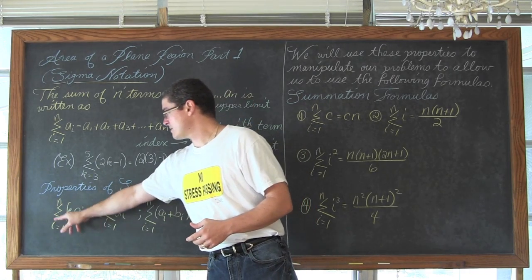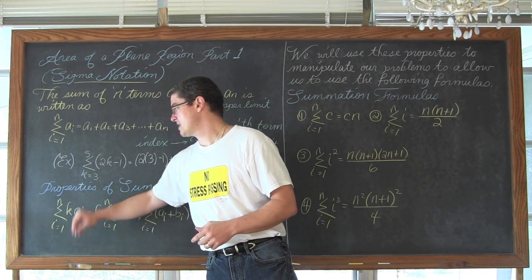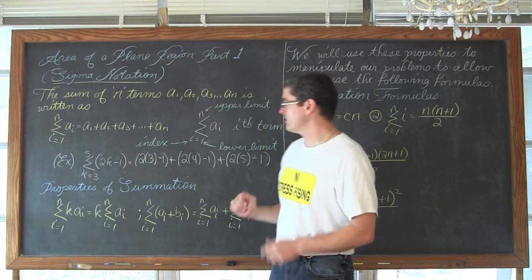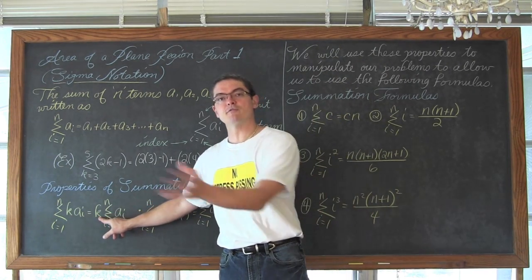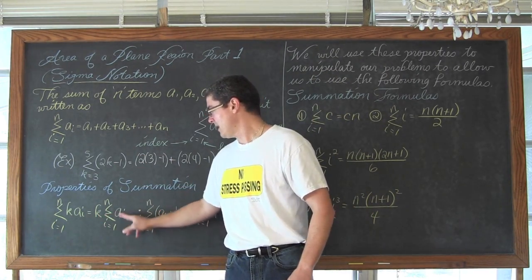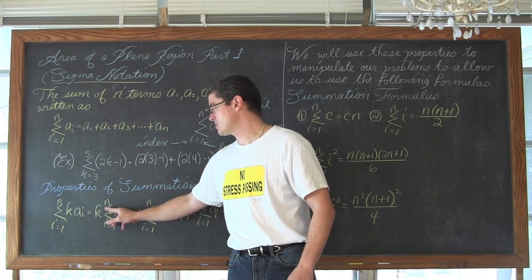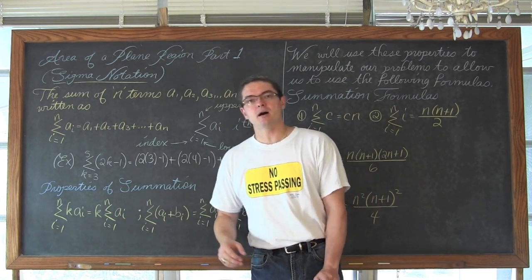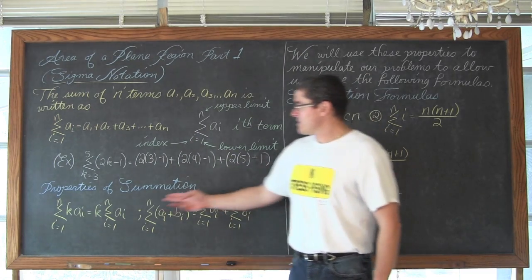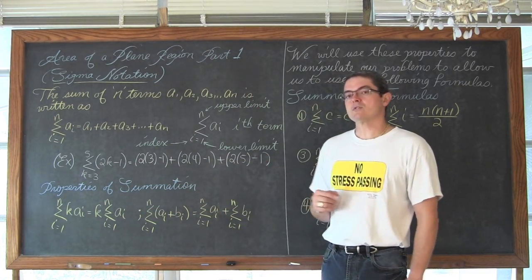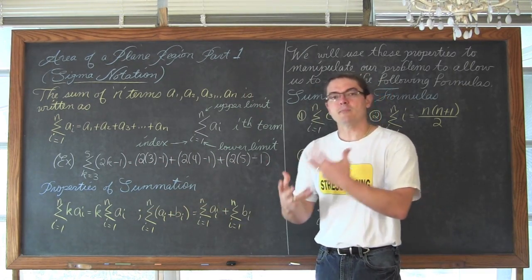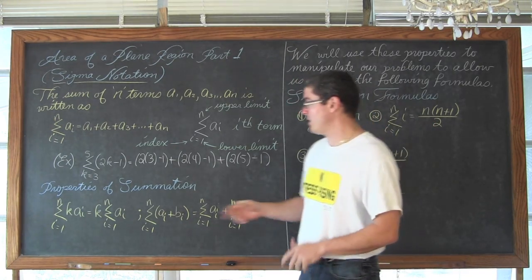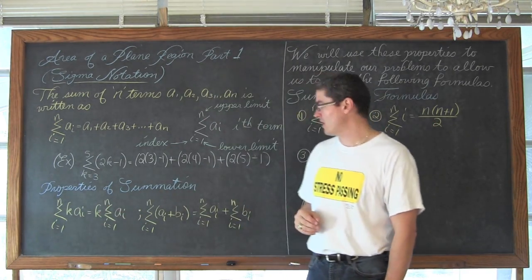So the summation as i starts at 1 and goes to n of k times a sub i, that ith term, we can take the constant and move it in front of the summation symbol and just write k times the summation as i starts at 1 and goes to n of a sub i. That step is not necessary for this kind of question where it's all arithmetic, but with the type of examples we're about to do, along with these formulas, we need to know that we can take that constant and move it out front.